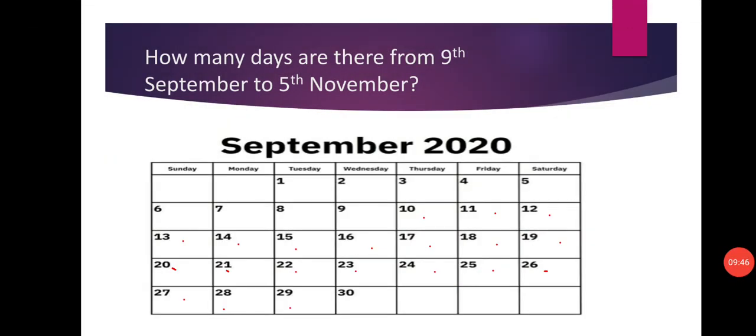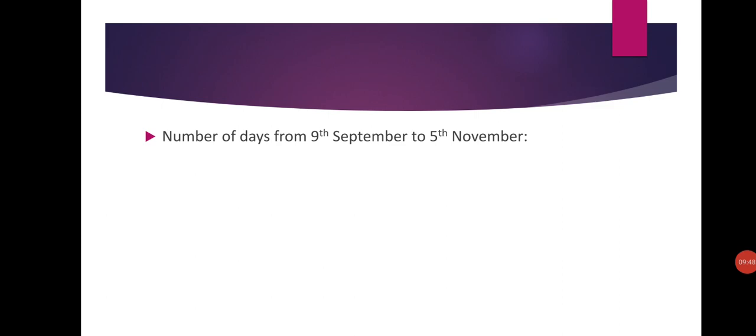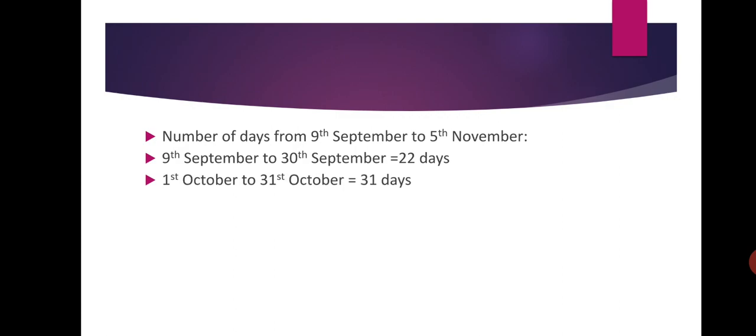Now student, just see how I do this math. Number of days from 9th September to 5th November. First, 9th September to 30th September, 22. 1st October to 31st October, 31, and 1st November to 5th November, 5.